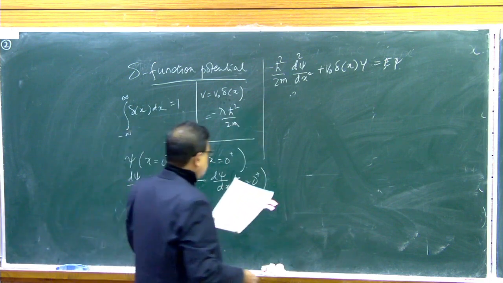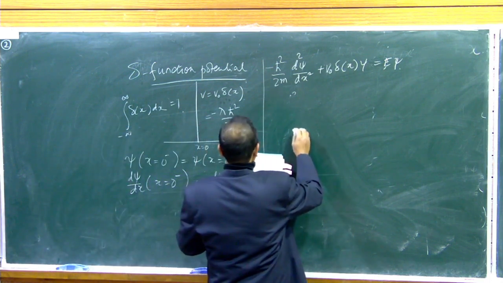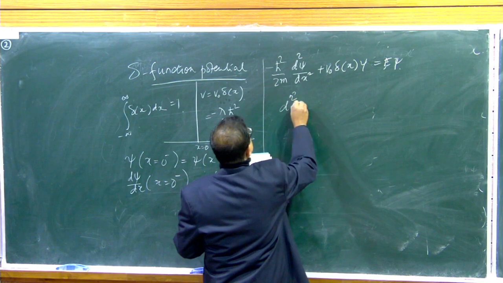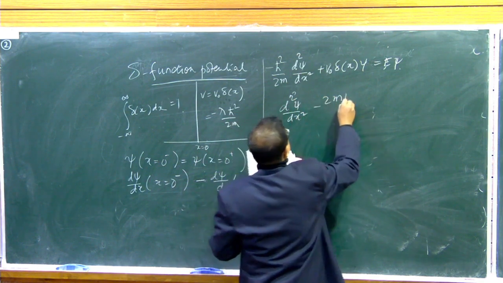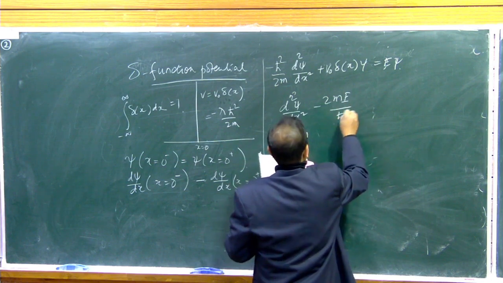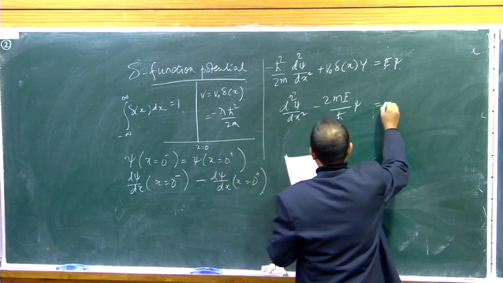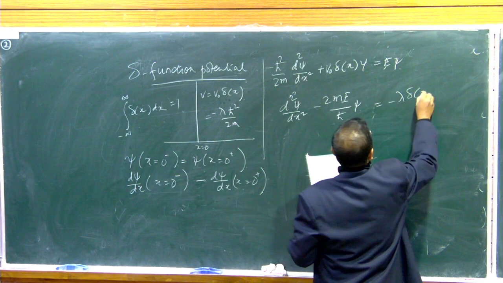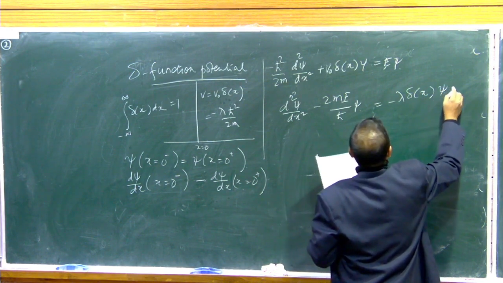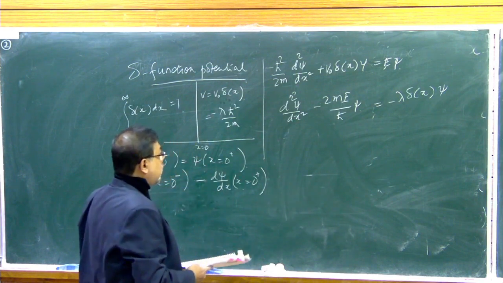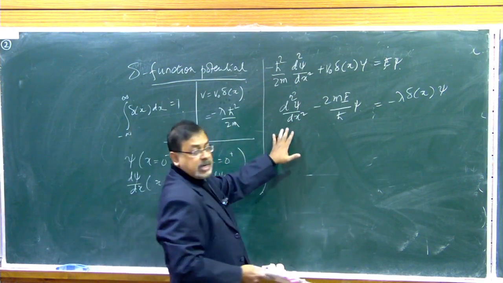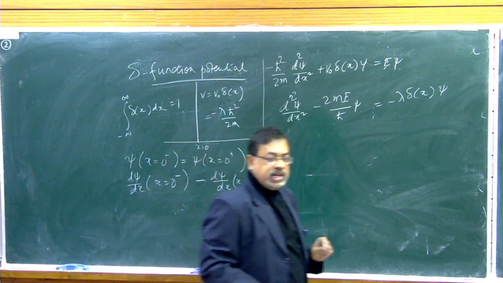And so this one will give me d2 psi dx2 minus 2mE by h cross square psi equal to minus lambda delta x psi, and so on. Okay, so that's the equation that you have to solve.